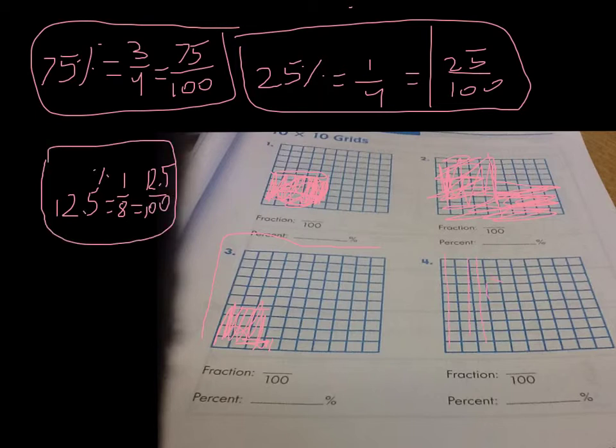Okay, so now we're going to try to find 3/8. So since we know that 1/8 is 12.5, and we need to find 3 of those, we can do 12.5 plus 12.5, which is 25, plus another 12.5 is 37.5. So we can fill that in now.